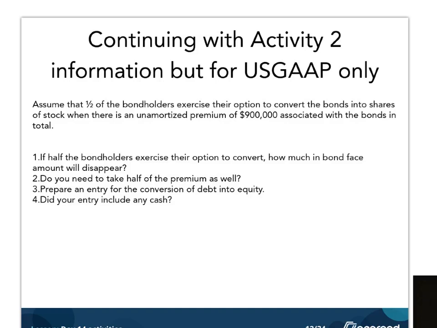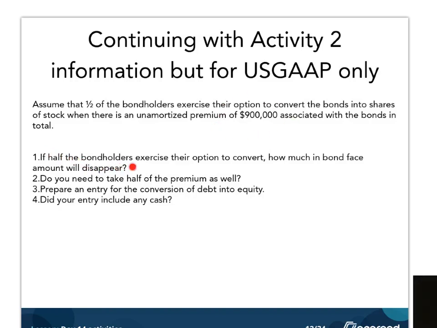That means half of the total $1,000 bonds were converted into stock. I just picked this number. I just said at some point premium's going to get to $900,000. Let's just say that's when they exercised. So sometime later, they convert their bonds.